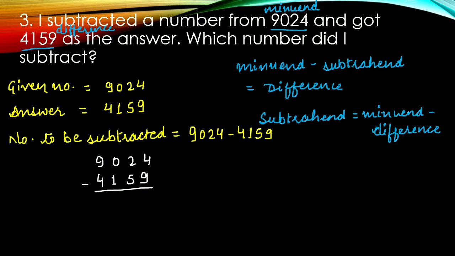So we cannot subtract 9 from 4. Borrow from the tens column, it will be equal to 14, and here 110 is left. 14 minus 9 is 5. Again we need to borrow. Here 0 hundreds are there, so borrow from the thousands column. 8 thousands will be left here, 9 hundreds will be left here, and this will become 11 tens. 11 minus 5, 6, 9 minus 1, 8, and 8 minus 4, 4.